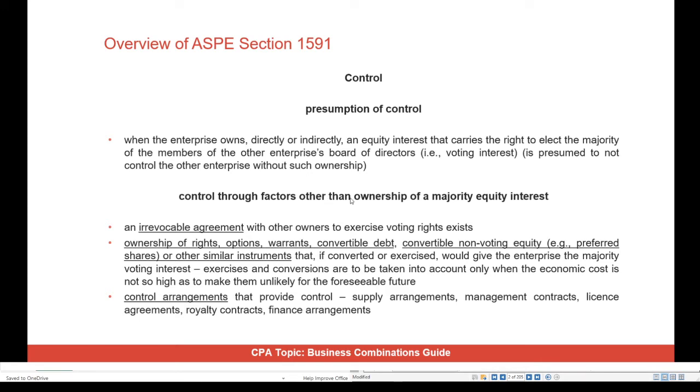And then control through factors other than ownership of major equity interests includes things like an irrevocable agreement with the owners, or ownership of rights or options that are convertible. So even though they may not have direct percentage control, if they have some instrument that allows them to convert it to become majority owner, then that's actually a hidden provision saying they have the control, right, in substance. And then other control arrangements like management contracts or license agreements.